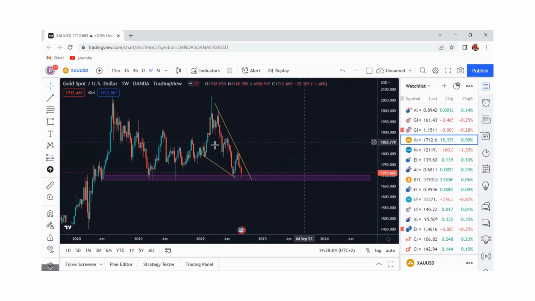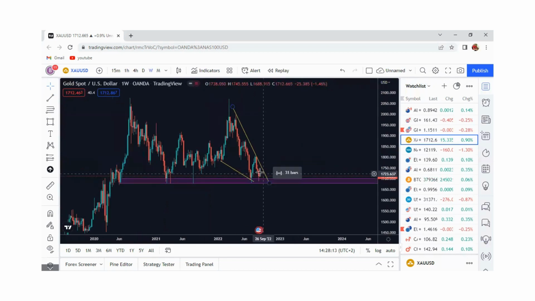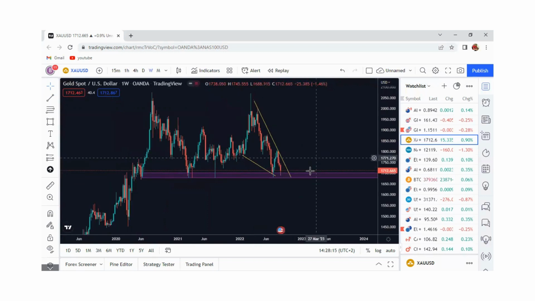So I've been selling this trade. Still gonna look for a sell opportunity, but I'll just see what's happening in the smaller time frame.